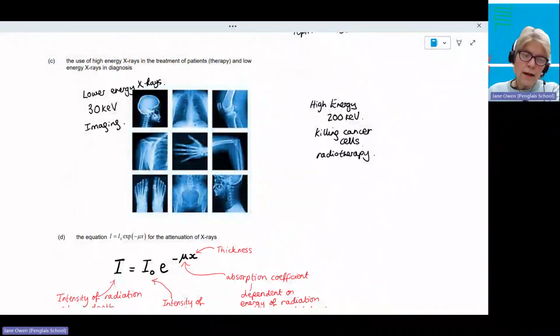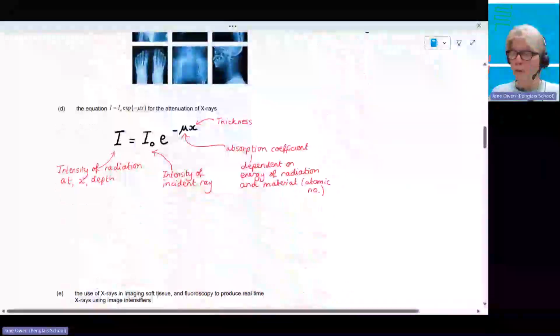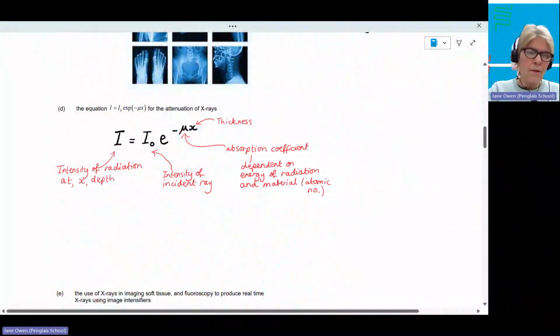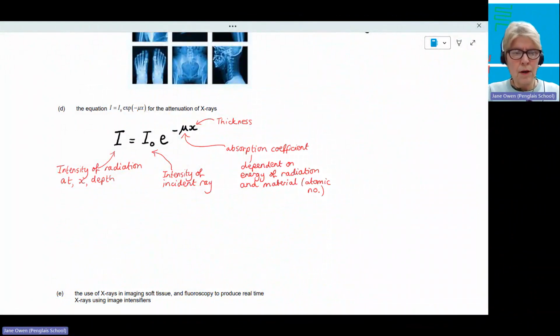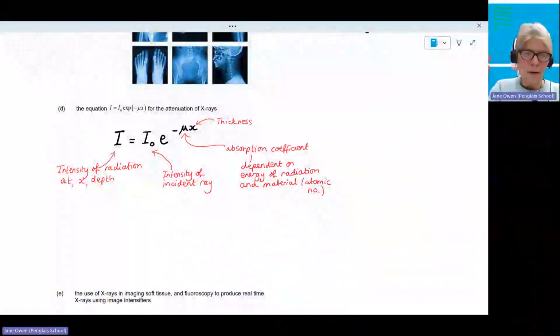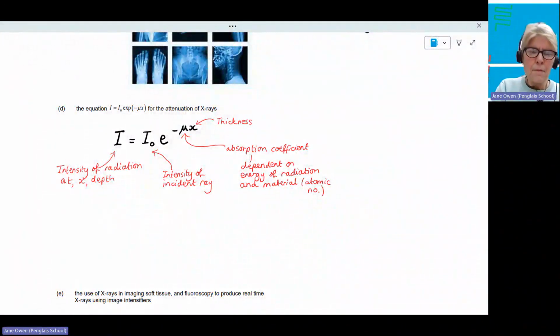Now we're going to look at that attenuation, that absorption property of the X-rays as they pass through the medium. Basically, X-rays are incident onto some tissue, and how far they can get through that tissue depends on a quantity called the absorption coefficient. The intensity of the incident ray is how much is going in, and the intensity at that particular depth x depends on that absorption coefficient.